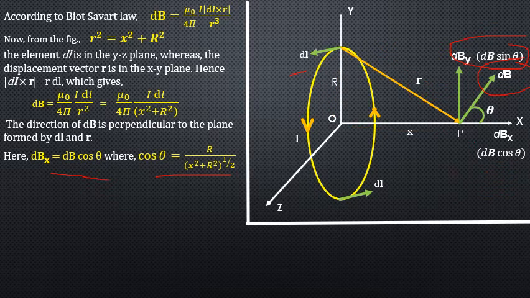Here you see, if this is the angle theta as shown in the diagram, then this particular angle will also be theta. From the diagram you can easily deduce. So in this right triangle, cos theta is given by base upon hypotenuse. In this particular diagram, the base is capital R and hypotenuse is small r. So cos theta is capital R upon the magnitude of small r.